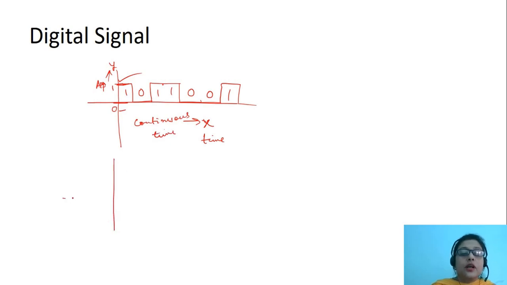So let me draw another example of a digital signal. Here, let's say we have 0, 1, 2. There are three levels along the y-axis, which is basically the amplitude axis. And along the x-axis, which is the time axis, we have the signal. Let's draw it like this.